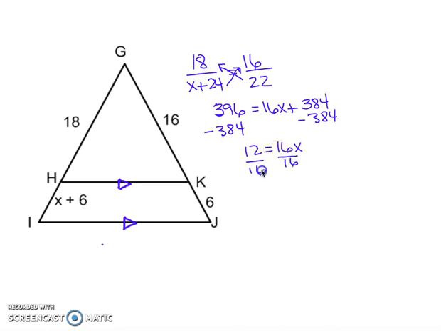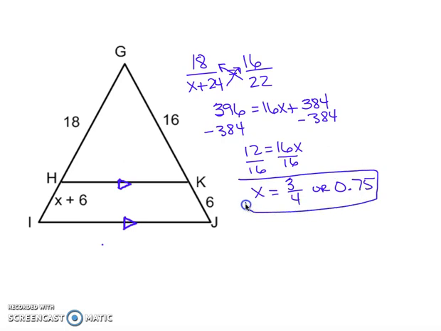Divide your 16 off, and we would get that x equals 12 over 16. If we reduce this down to 3/4, or 0.75, that would be our answer for x.